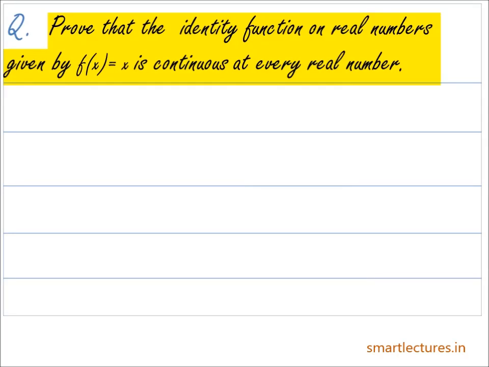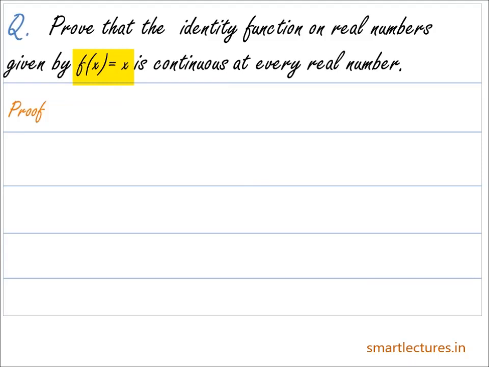Now let's do one more example. Prove that the identity function on real numbers given by f of x is equal to x is continuous at every real number. Now from the definition of identity function, you know it very well that the identity function is a function in which the value of the function at a given point is equal to the point itself.